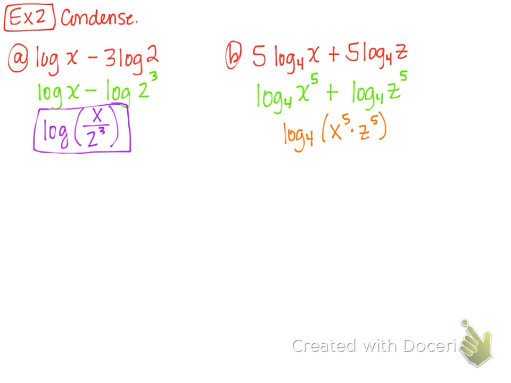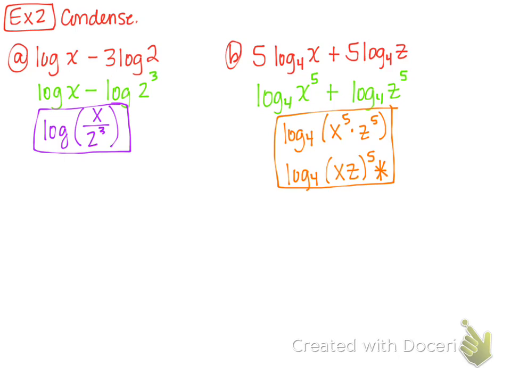But if you notice how both x and z are both to the 5th power, we can rewrite this as log base 4 of x times z to the 5th power. Because if you re-expand this, you'll get the same thing. So either one of these works. More than likely you'll see it this way though.